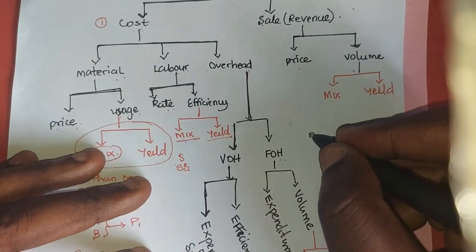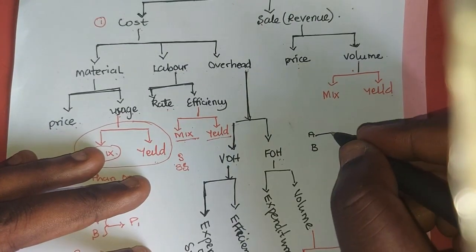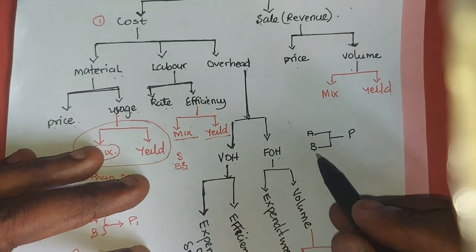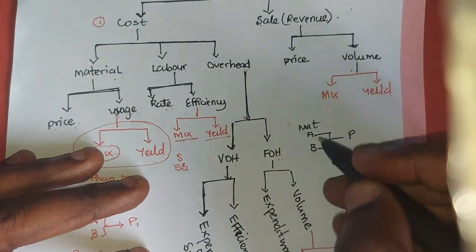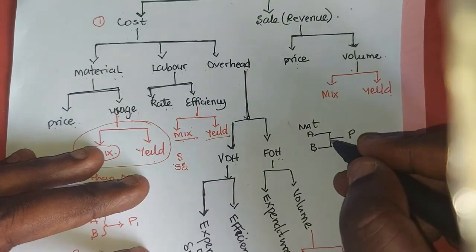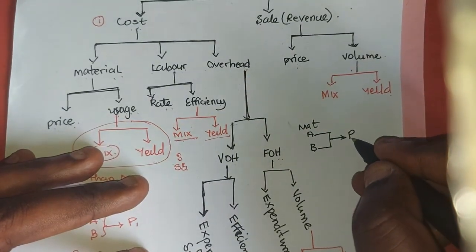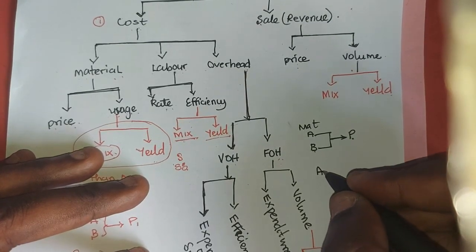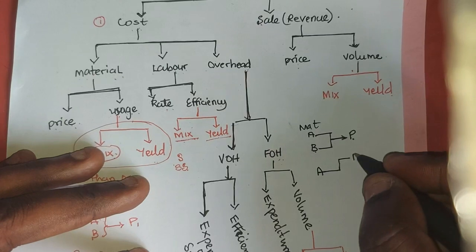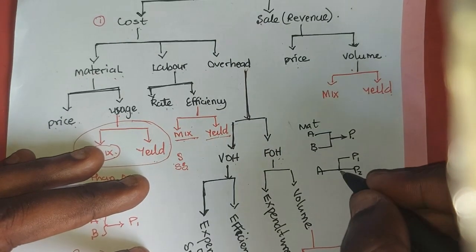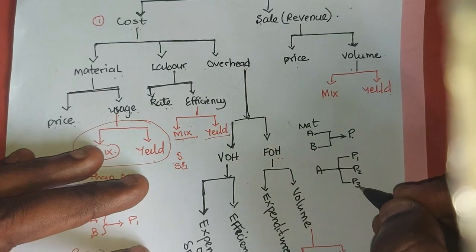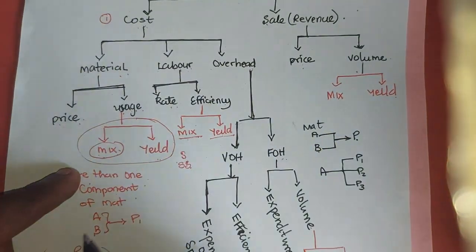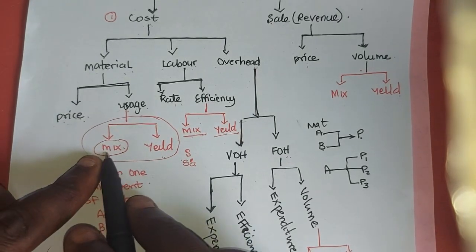Say materials A and B are used to produce a product P. Or A, B, and C, these are material components, or more, used to produce product P. Or you have material A only to produce product P1, product P2, and P3 or more. So you can have any of these cases, and if you do, you will be asked to calculate the mix and the yield variances.